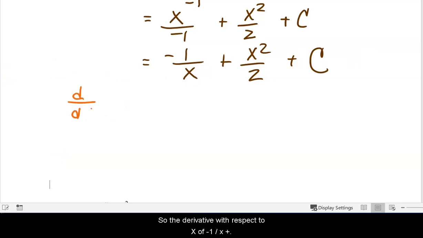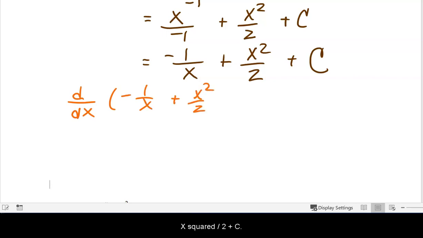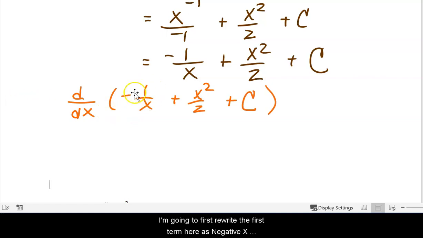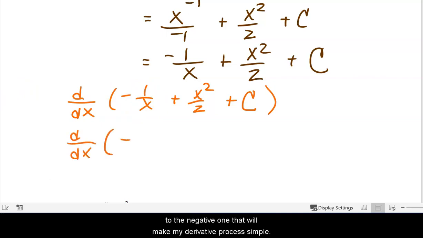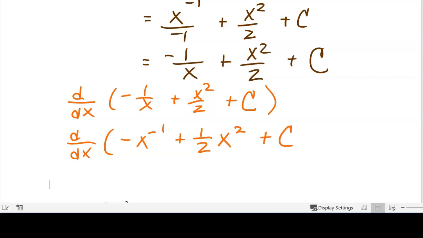So the derivative with respect to x of negative 1 over x plus x squared over 2 plus C. I'm going to first rewrite the first term here as negative x to the negative 1. That will make my derivative process simpler. Then I'm going to rewrite the second term as 1/2 times x squared.